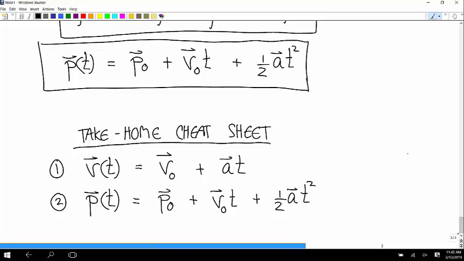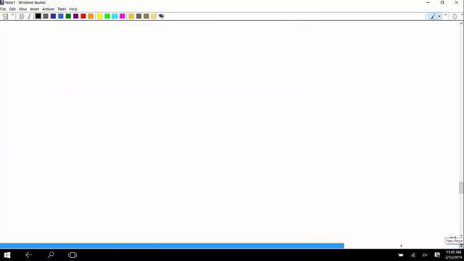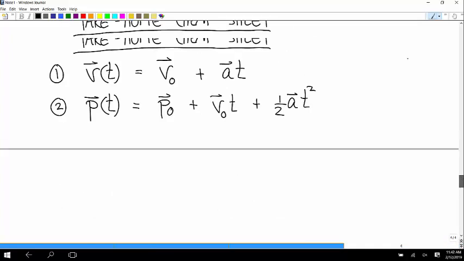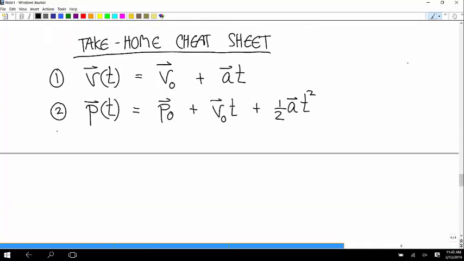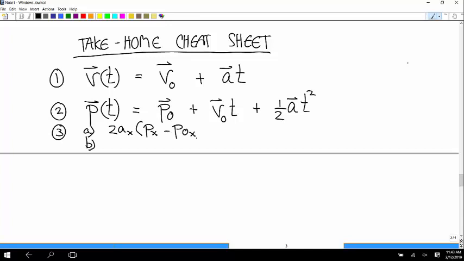And then if you fiddle with the components of these, you can come up with this new version of the third equation. So I'll break it down into A and B. The first one says 2ax times the quantity px minus p0x is equal to vx squared minus v0x squared.